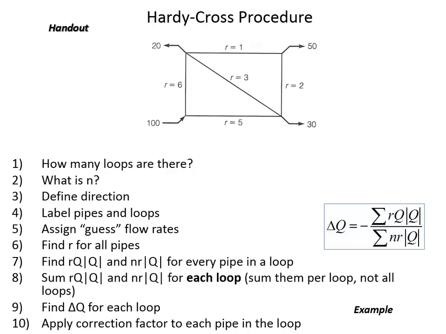And so to find the corrected Q, it's your initial guess plus this delta Q. So that will make it 25.989, negative 24.011, and negative 1.343.